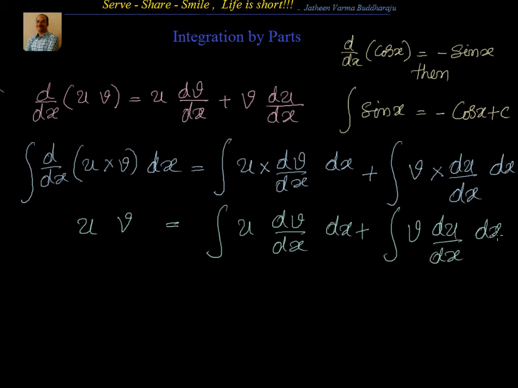Now we are interested in finding the integral of two functions, so we will do a small substitution here. We will say that this is my first function, and this is the product of functions for which I want to find the integral. So I will take u equal to f of x and dv by dx equal to g of x, so that I want the integral of these two functions. Now what is the formula I have to find?